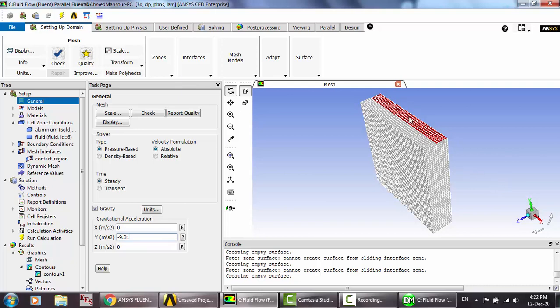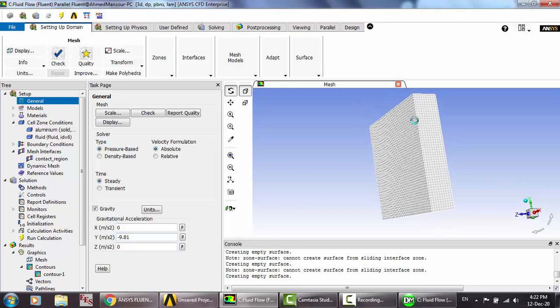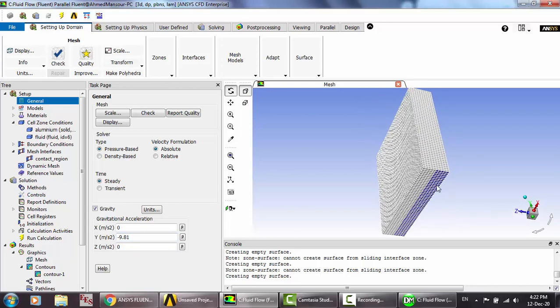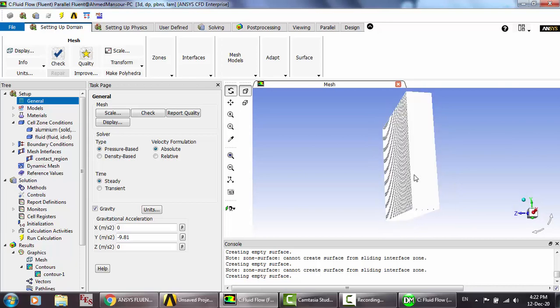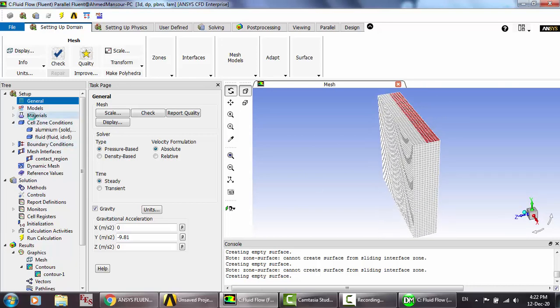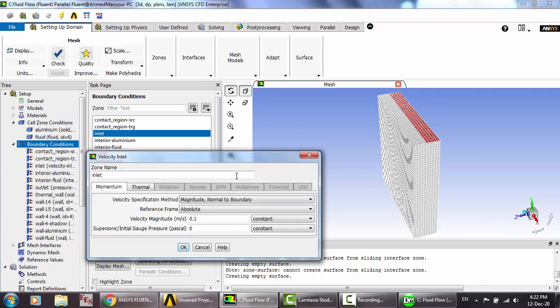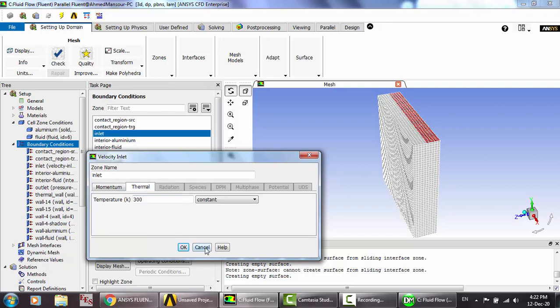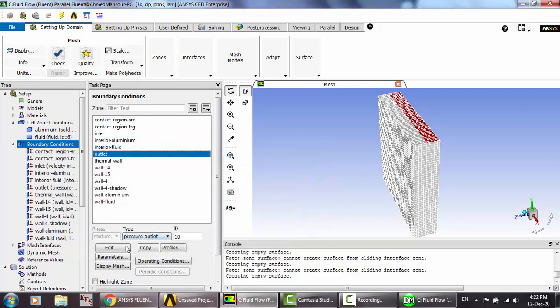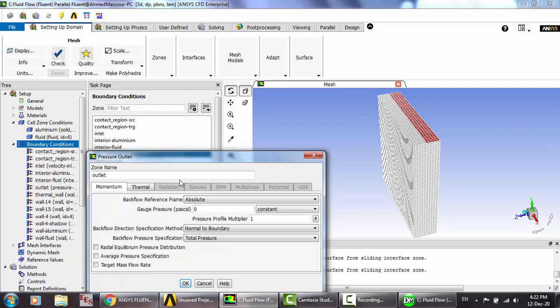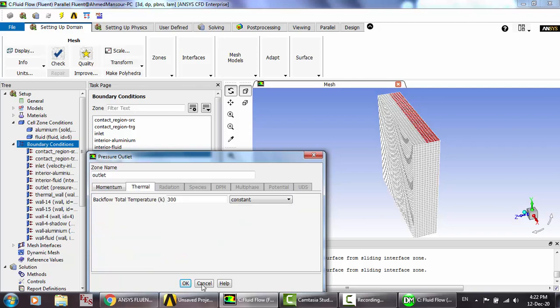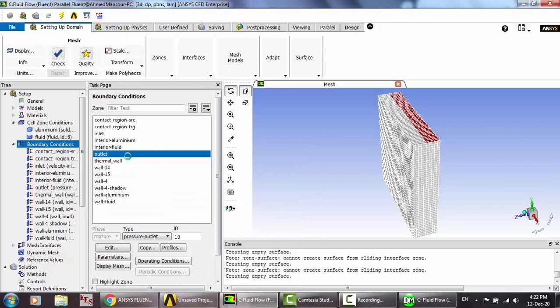This red face is the outlet, and the bottom face, this blue face, is the inlet of the air. It's a pretty easy case. Now for the inlet, for the laminar, we're going to use as a default 0.1, a small value, thermal 300 Kelvin. Okay, for the outlet, pressure outlet 0 gauge, and thermal, 300 Kelvin.